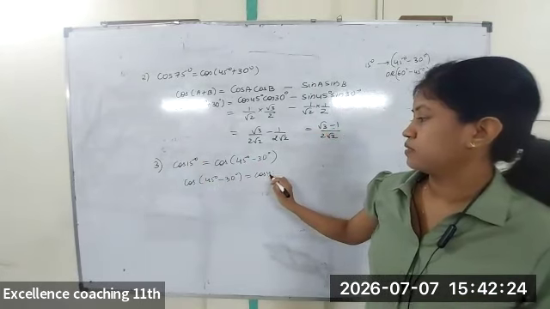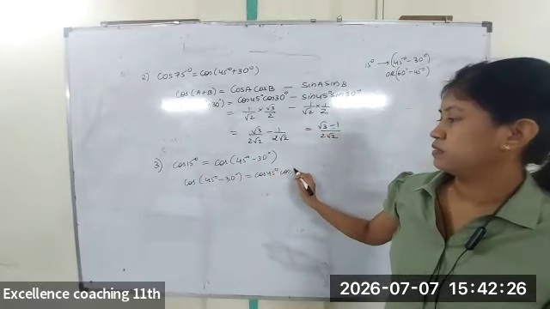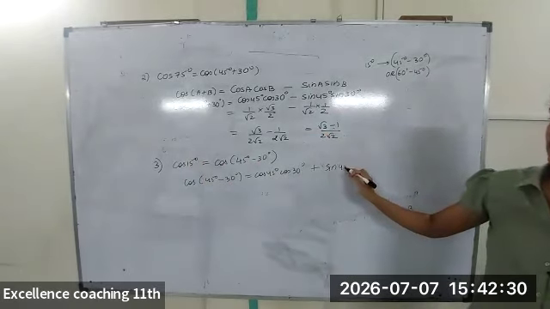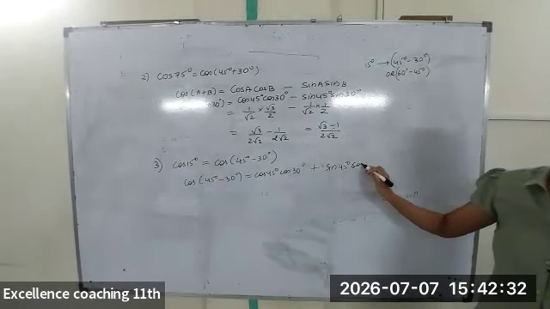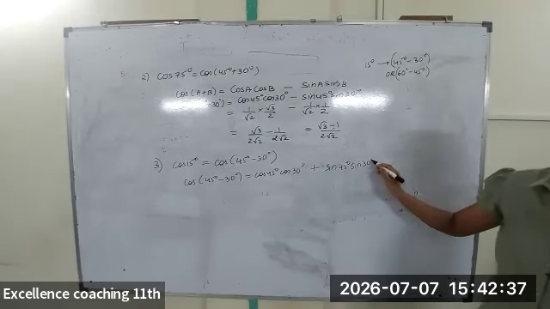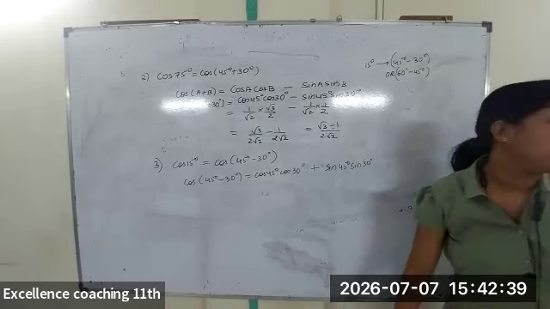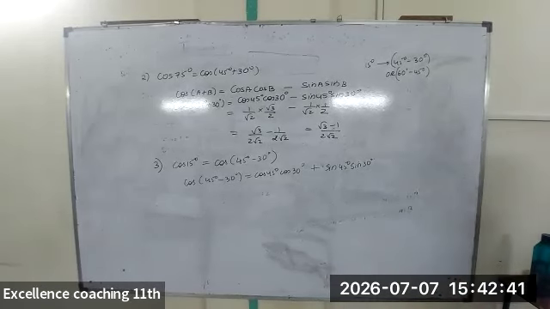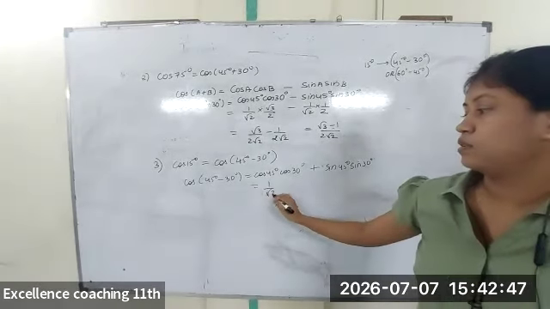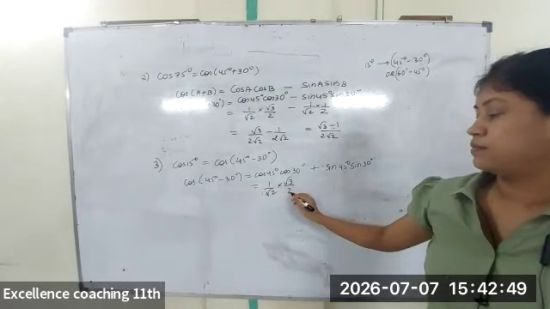Correctly, cos A cos B plus sin A sin B. So 1 by root 2, root 3 by 2.